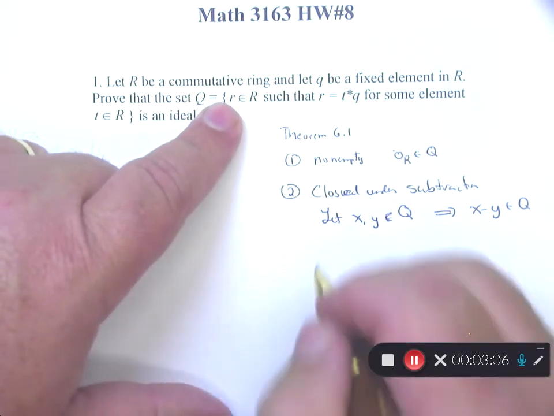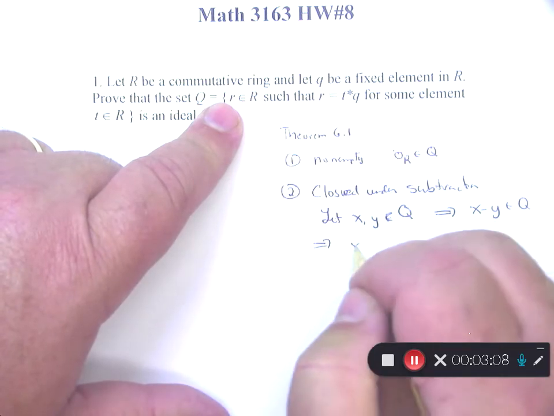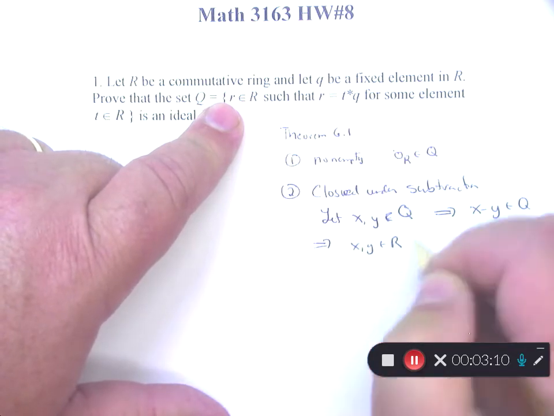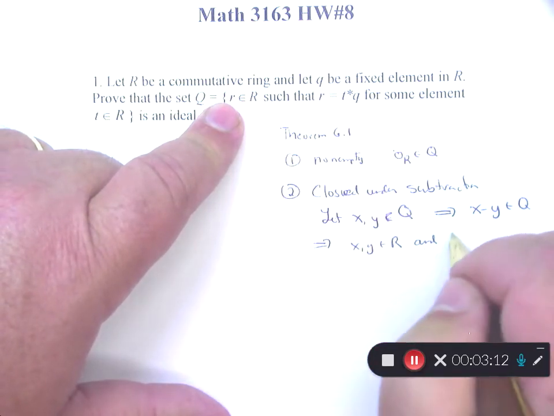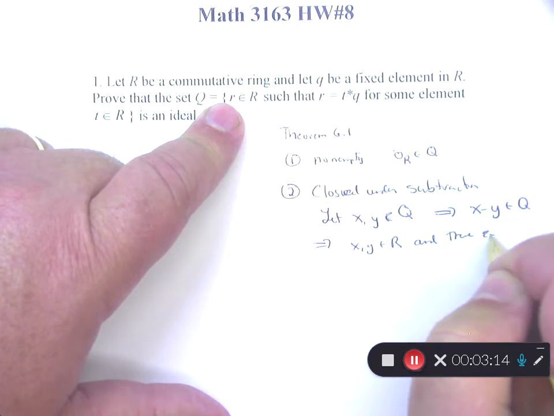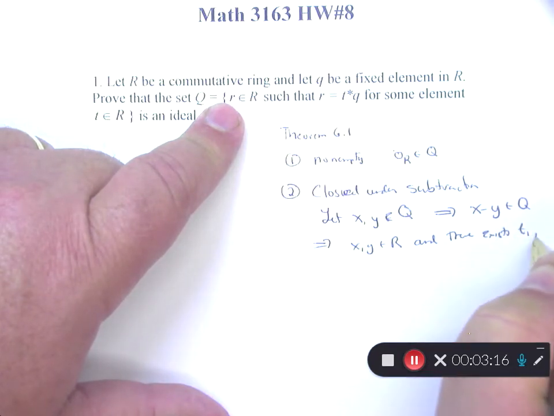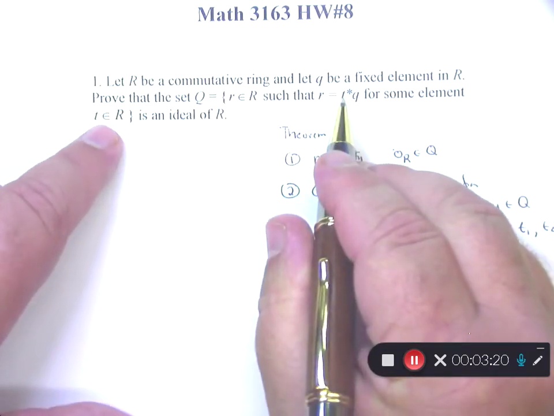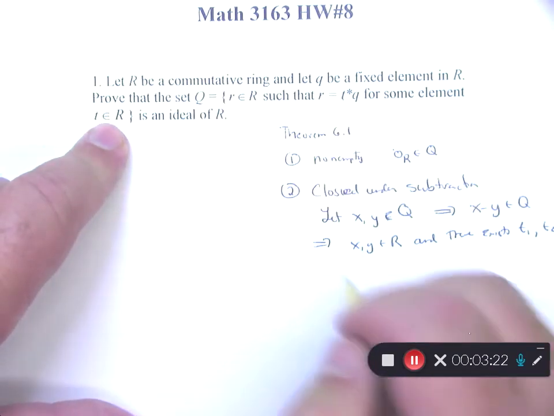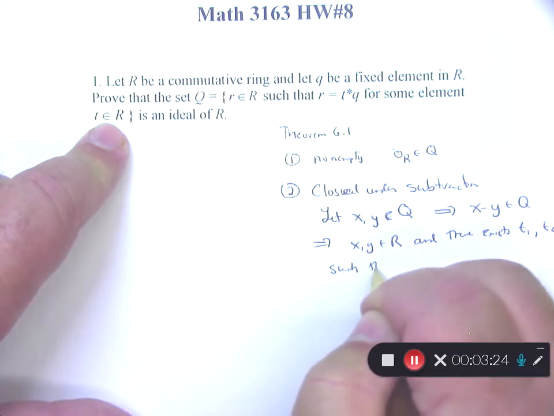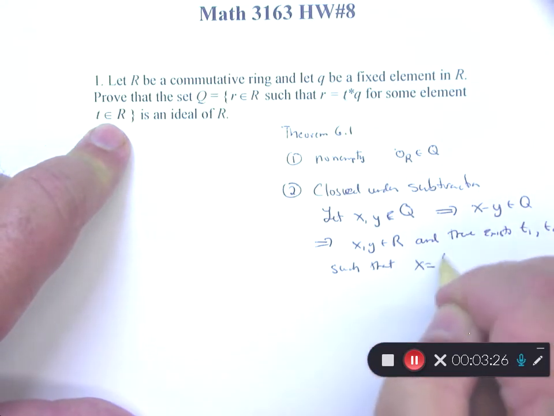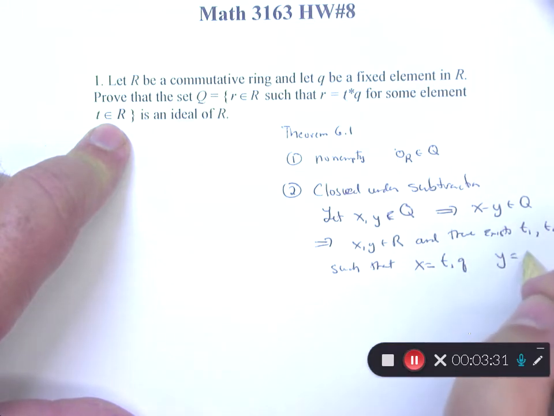To be inside a Q, this means X and Y are elements of R, and there exists a T1 and a T2 from R. Got to declare that element before you use it, such that X is equal to T1 times Q and Y equals T2 times Q.